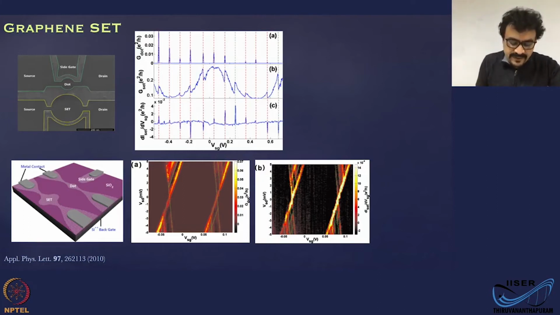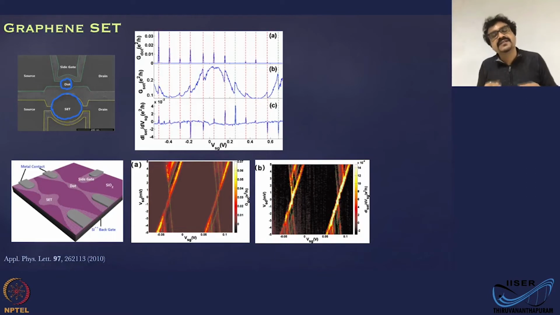Okay, what we have is a quantum dot defined out of etched graphene, and everything is graphene here. Okay, the whole device is defined by etching and shaping the graphene sheet. So you have a quantum dot here, which is relatively small, and you have the SET here, which is much larger.